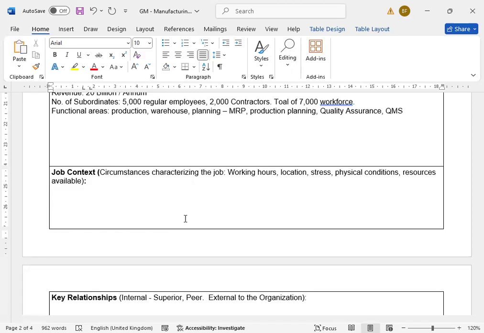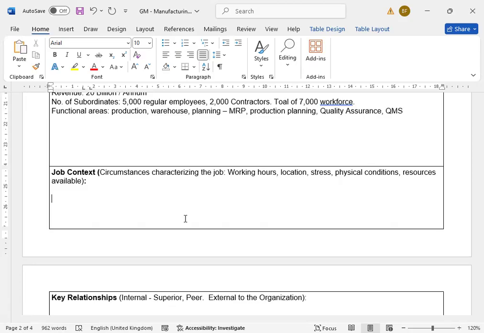Maybe there is a staff house or manager's house built by the company so that employees have accommodation close to the plant, and also family accommodations, things like that. And is the job very stressful? What about the physical conditions of the job, and what about the resources available?